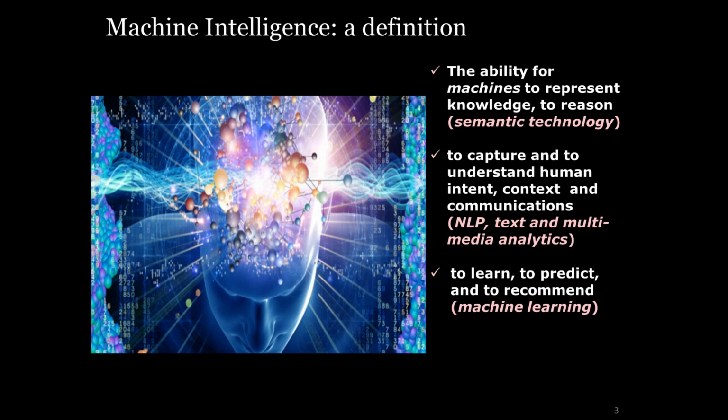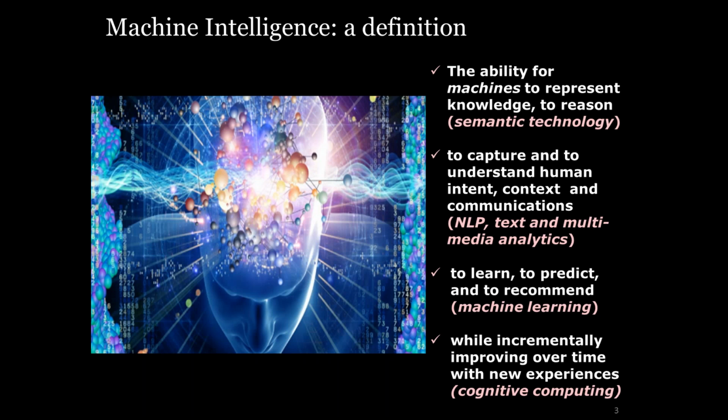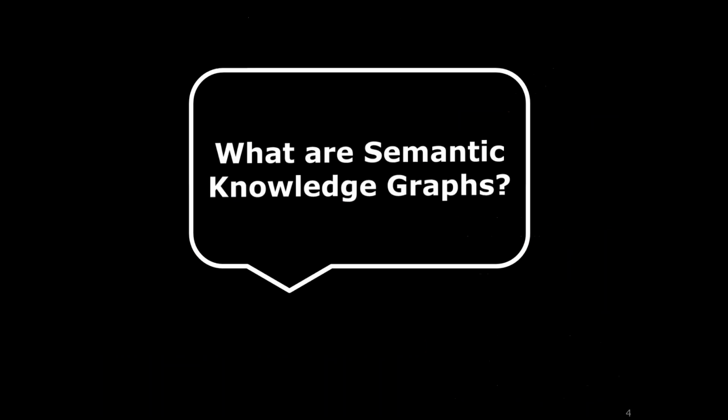And then to learn, to predict, and to recommend is all about machine learning. And then cognitive computing, which we'll cover in a bit, is all of the above while incrementally improving over time with new experience. So we'll cover that.